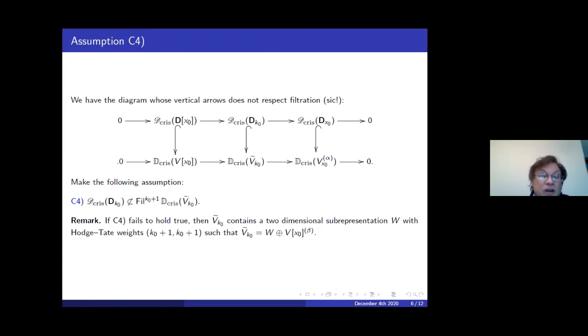One can remark that if this assumption fails, this means that V tilde K0 contains a two-dimensional subrepresentation with double Hodge-Tate weight K0 plus 1, and V tilde K0 decomposes into the direct sum of two p-adic representations, and this means that in some sense the infinitesimal deformation which we consider is trivial.